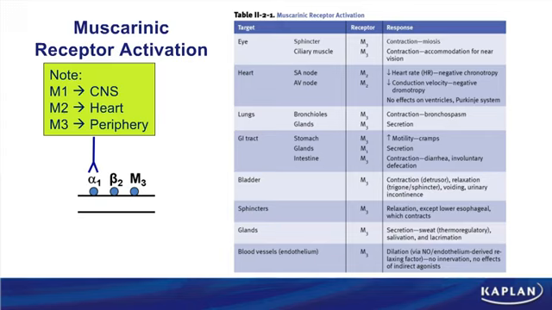Think about it. If I'm blocking a receptor that is not being activated, nothing is going to happen. Why does any antagonist work in the body? The reason an antagonist works is because it blocks the binding of an agonist. But in the case of the M3s on blood vessels, there is no agonist, so an antagonist has no effect.